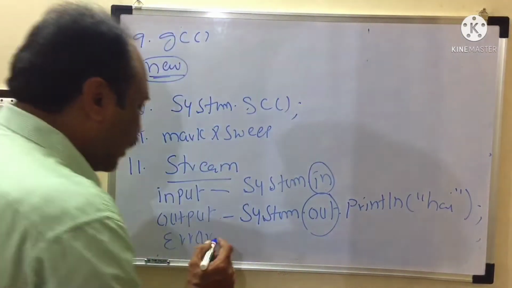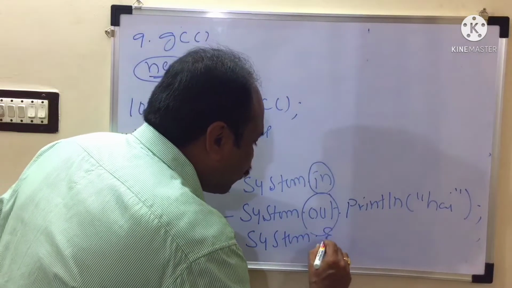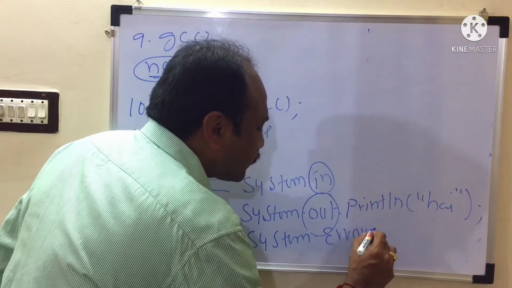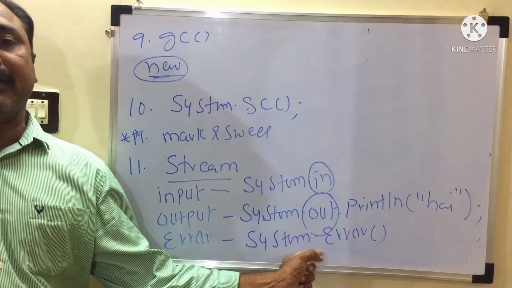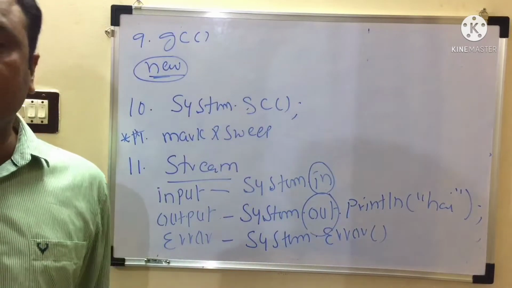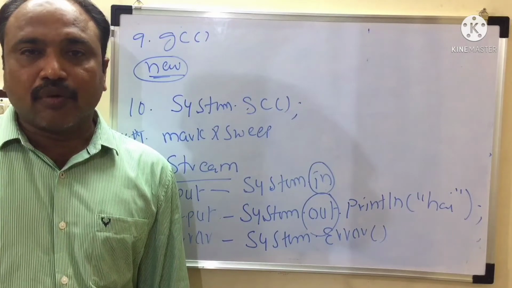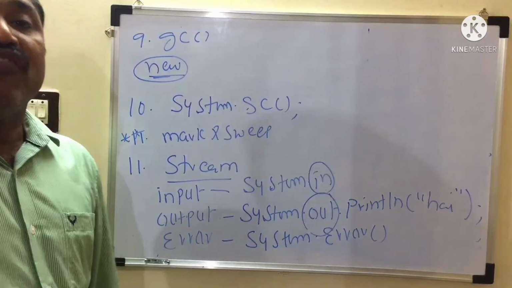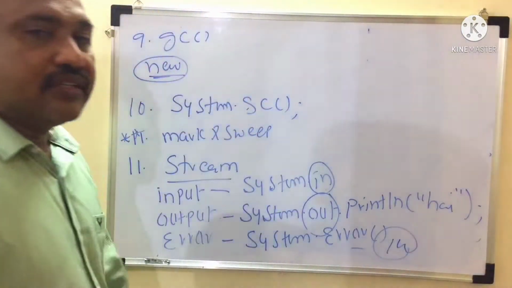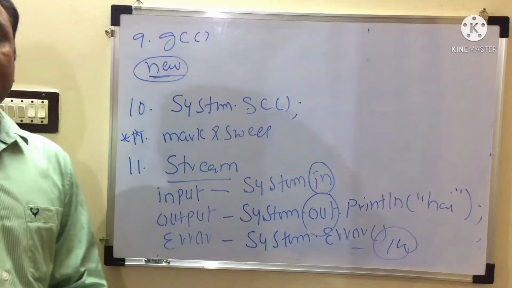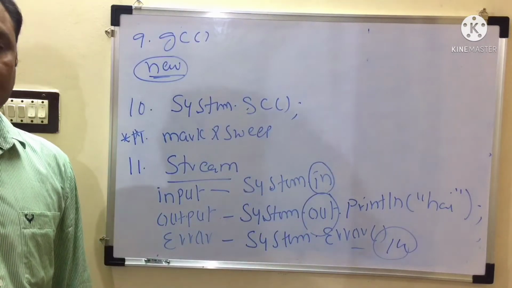Next, errors: System.err. When you work with your Java programs, if you get any compile time errors, all those compile time errors are displayed using System.err. Most compilers can display the first 100 errors at a time. It uses System.err to print those compile time errors that occurred in your program.